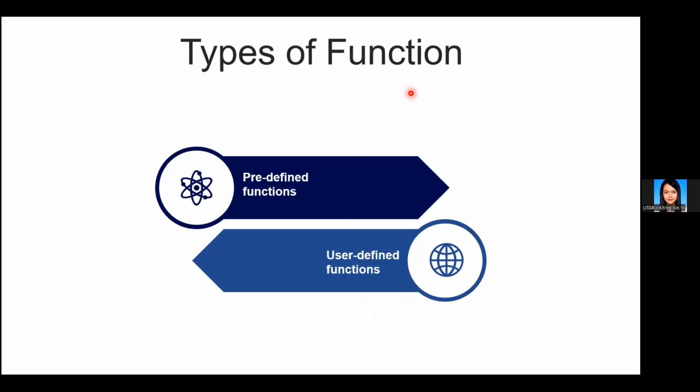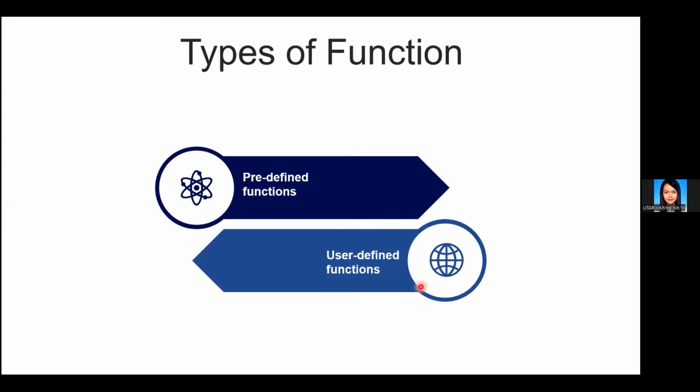So just now we understood what a function is and why we should use functions in programming. There are pretty many advantages that we can find, right? But now the question is, there are two types of functions that we are going to learn today. The first type is the predefined function, and the second type is the user-defined function.